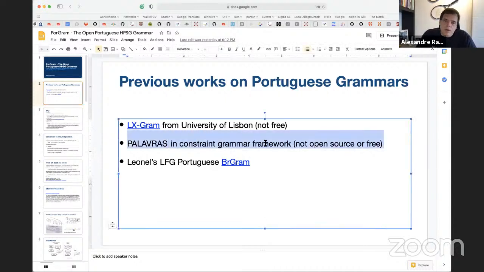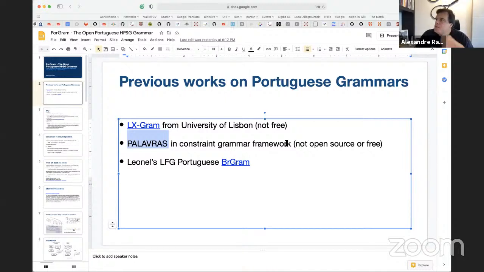Another system that we have is Palavras. Palavras is built on top of the Constraint Grammar framework, right? And it's again not open source. In that particular situation, it's not even open source. We can have the demo online, we can play with the tools online, but we have to pay a fee to download the code to run the code.